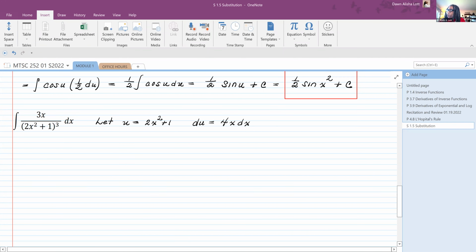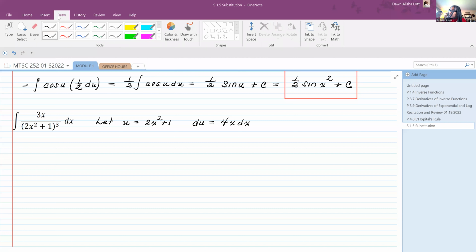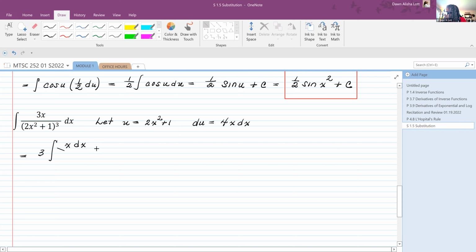All right, so now if I go to this problem, I always take constants out because constants can come out of the problem right away. So I'm going to take the 3 out. I have the integral of x dx divided by 2x squared plus 1 cubed. So now I can see that this is 3 times the integral, x dx.